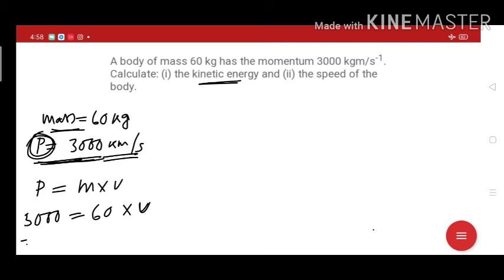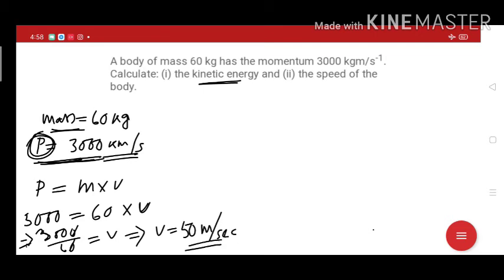So 3000 by 60 is equal to v, and that is going to be exactly v is equal to 50 meter per second. This is the velocity.